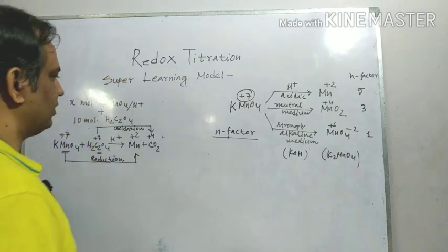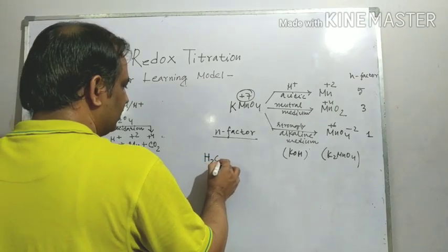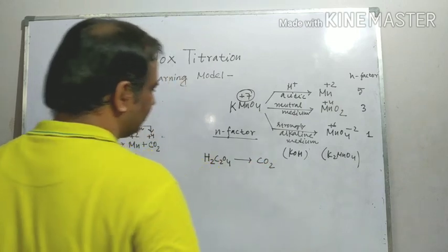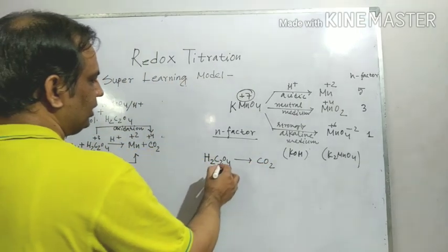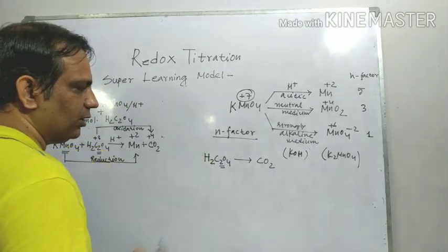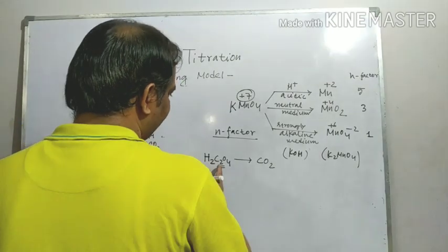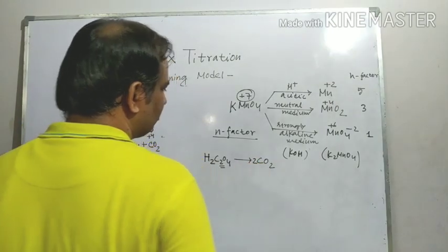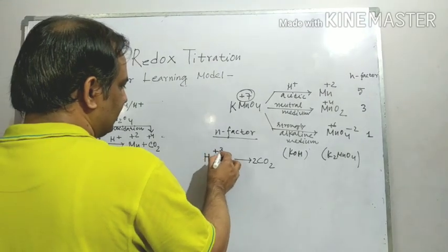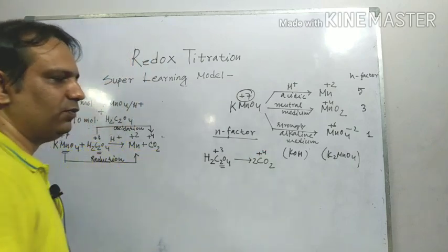Now consider the N factor for oxalic acid in this reaction. Remember, in one molecule of oxalic acid 2 carbon atoms are there, so from 1 mole, 2 moles of CO2 will form. Here the oxidation state of carbon is +3, and there it is +4.